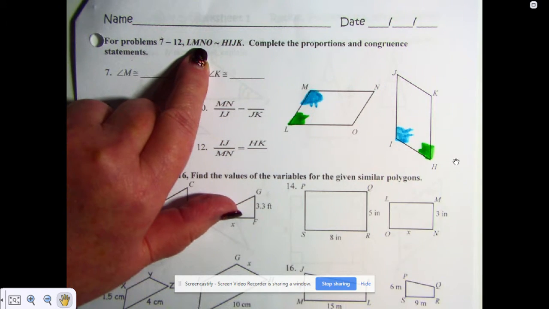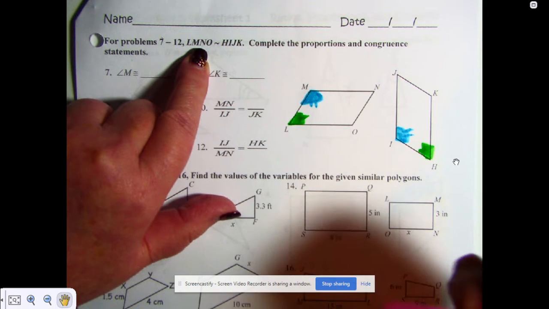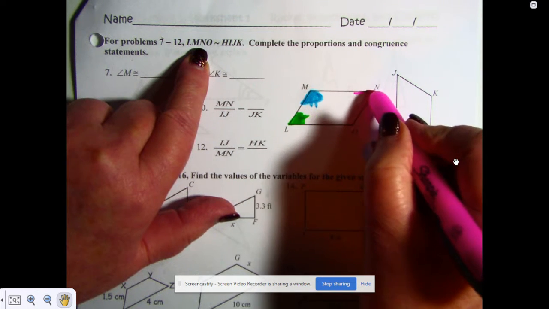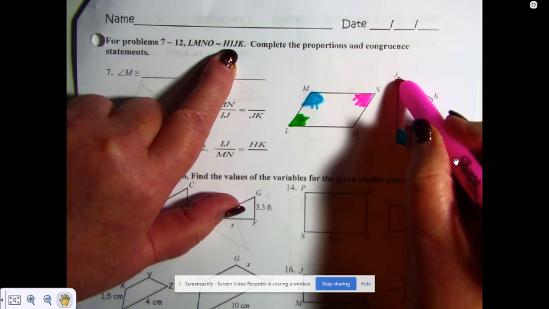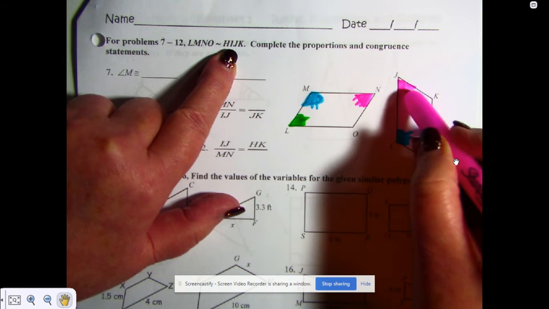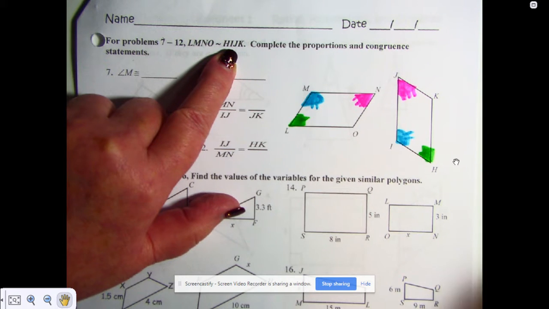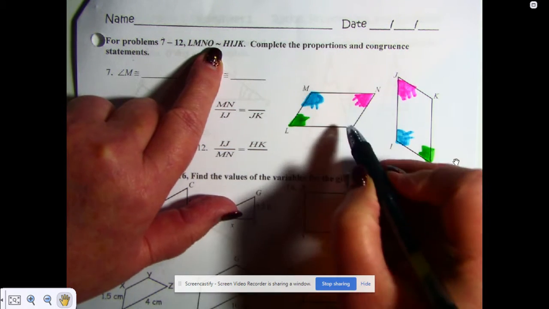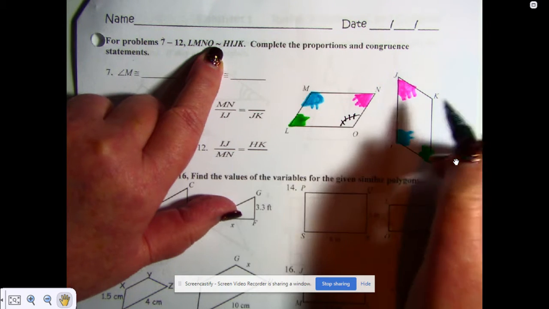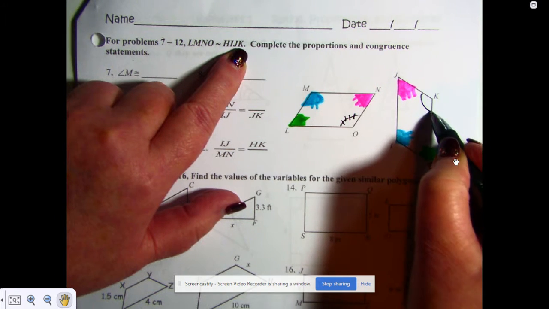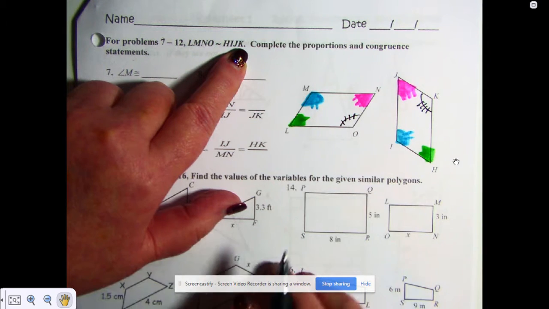Angle N is going to be congruent to and correspond to angle J. And then that leaves us that angle O corresponds and is congruent to angle K.